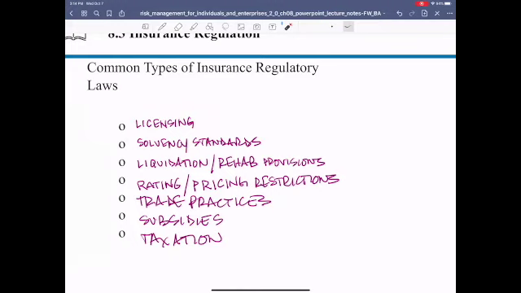They need them to function and operate effectively. And if they don't, there will be consequences. Each state is a little bit different in how they approach it, but there might be liquidation, there might be rehabilitation. And there's oftentimes a requirement to be reporting to the state insurance department on a regular basis so that they can make sure you're going to stay solvent.